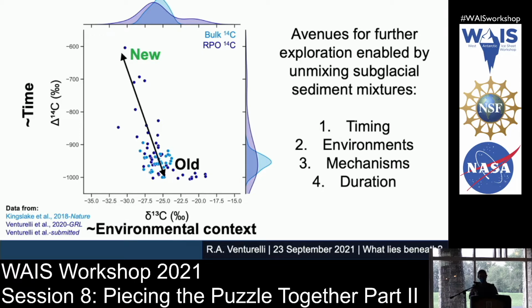And the really depleted signature in stable carbon isotope space tells us that this deposition didn't happen in an open marine environment. It happened beneath the cover of an ice shelf, and in fact probably got there by assimilation of the existing microbial biomass that lives in the subglacial environment.